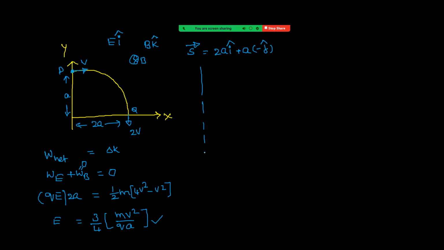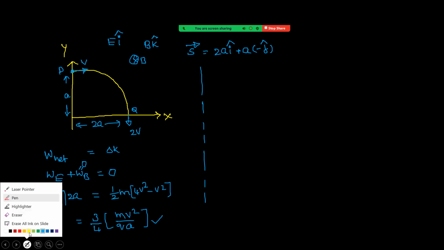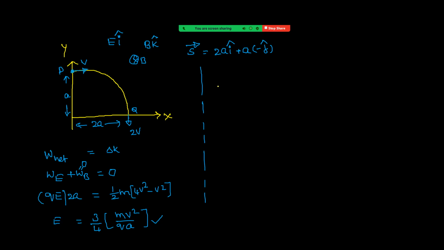Now the remaining options, they're asking the rate of work done by the electric field. And we know rate of work done is nothing but power. And power is defined as, see how to calculate power. Calculation of power: it is F bar dot V bar.